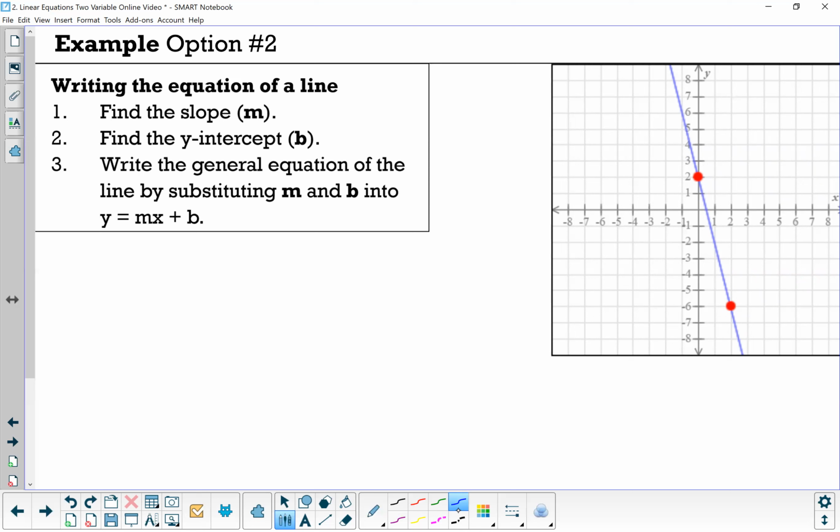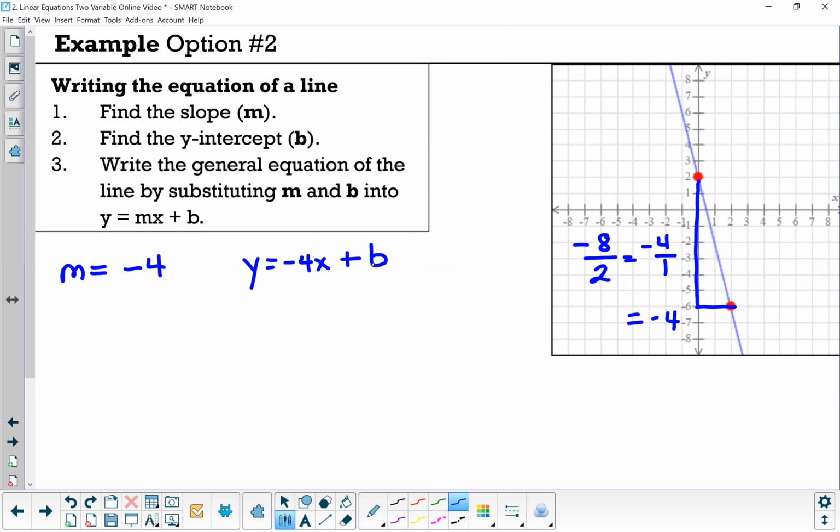I like that, so I'm going to stick with my slope, which we saw before was -4 because we counted down 8 and right 2. So we got -8 over 2, which reduced to -4 over 1, which was -4. So again, we have the general equation so far, y equals -4x plus b. Now at this point, let's pretend as if you did not remember that you could just say your b value is 2.